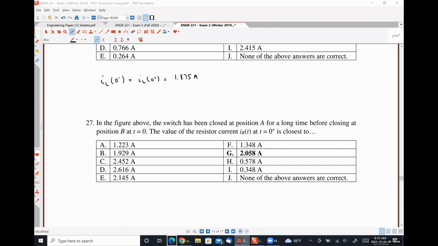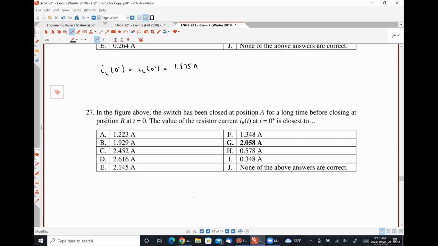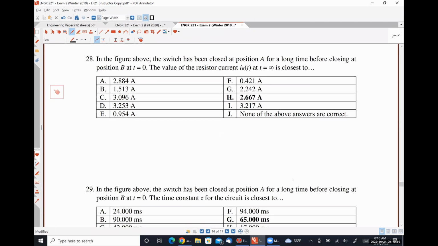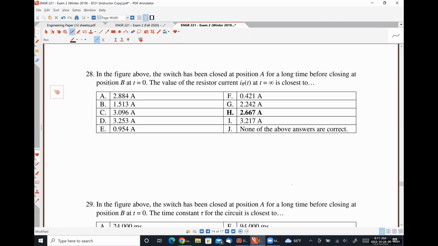So let's see. The IR at 0 plus was 2.058 amps. I'll have to come back to that in a second. IR at infinity was 2.667 amps.